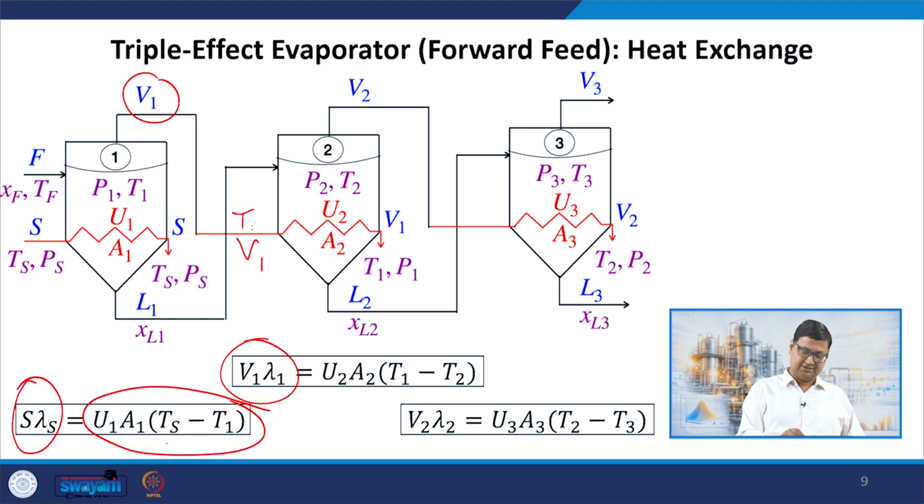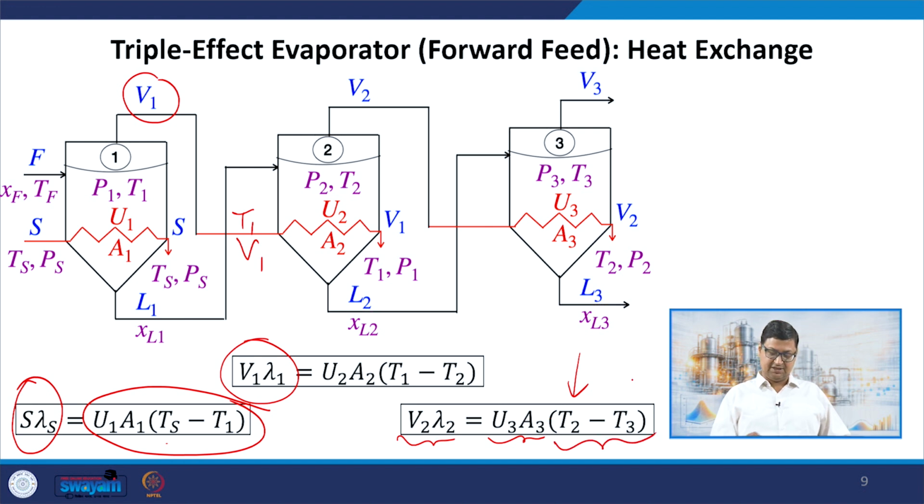V1 is at T1, the effect is at T2, so T1 minus T2 becomes the delta T. And similarly for the third effect, we have V2 lambda 2 is equal to U3 A3 delta T, which is T2 minus T3, because vapor comes at T2 and the temperature of the effect is T3. So T2 minus T3 becomes the delta T in the third effect.